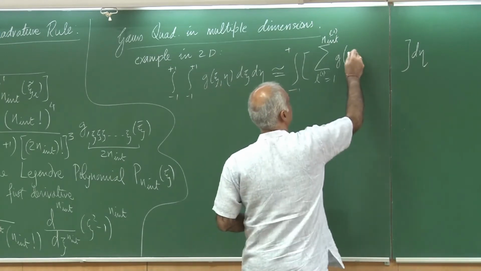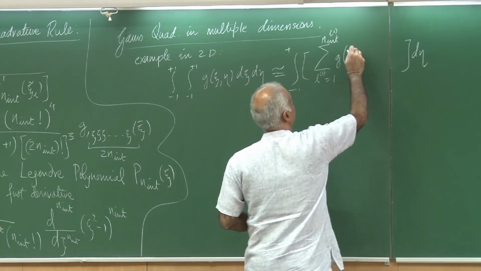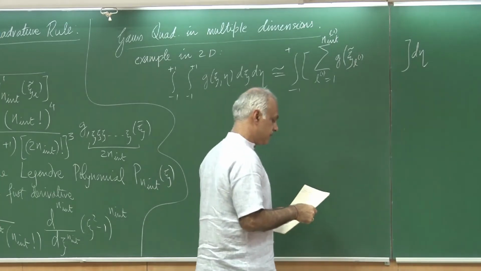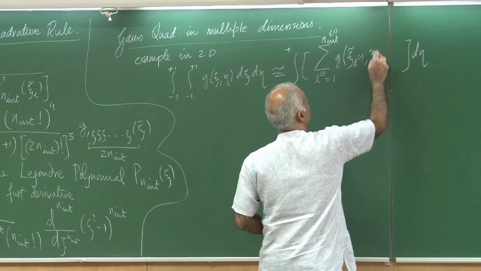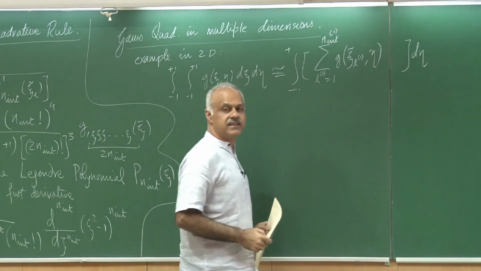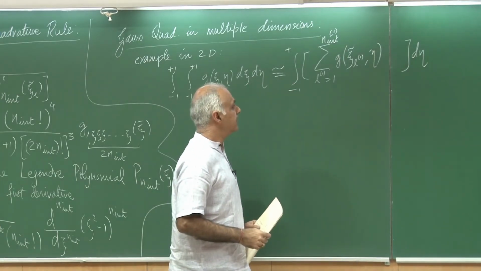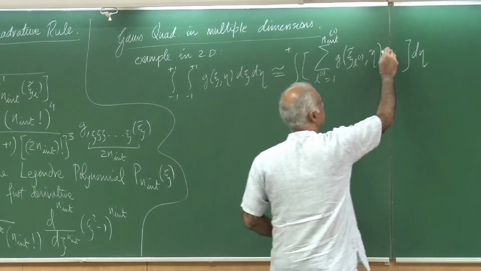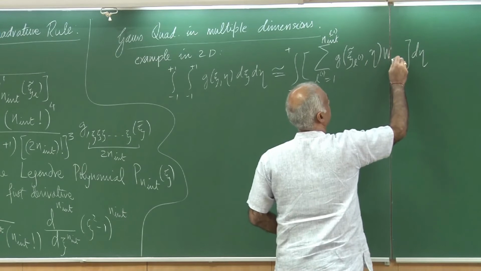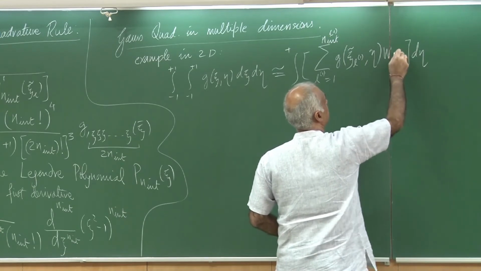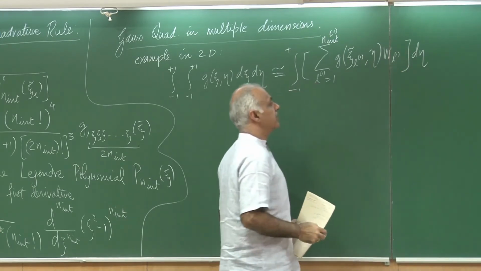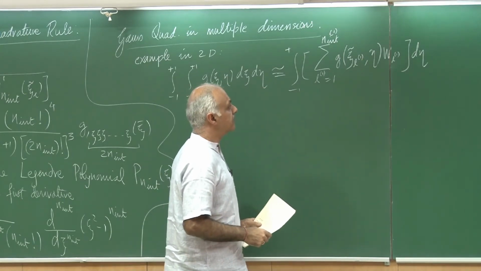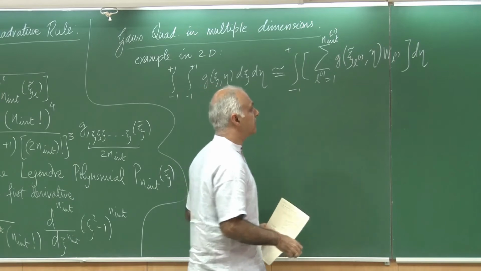So, these are going to be xi tilde L with the index 1, but I am going to leave eta as is, intact in the closed form, and then I would have to multiply this with the weight. So, this is the weight WL, with the superscript 1, just to show that this is the first dimension.